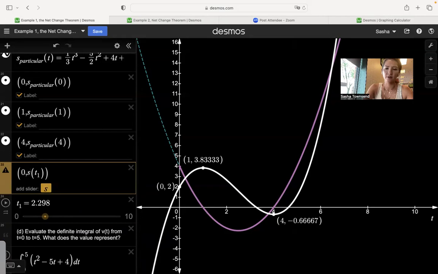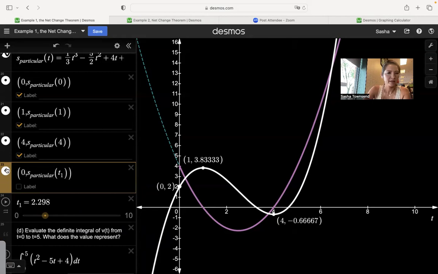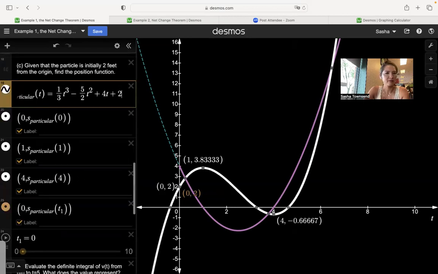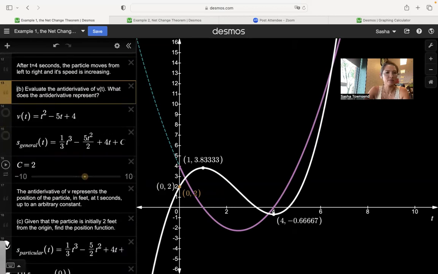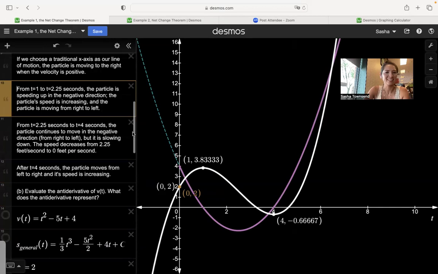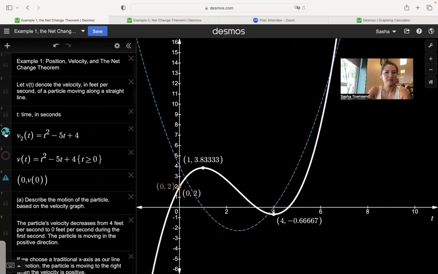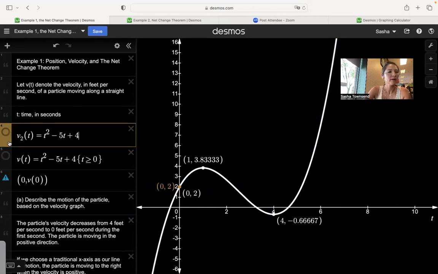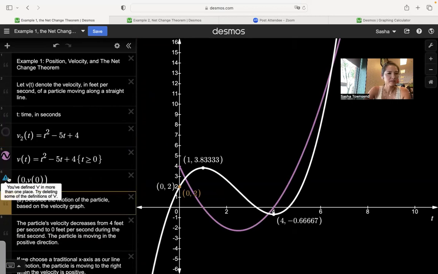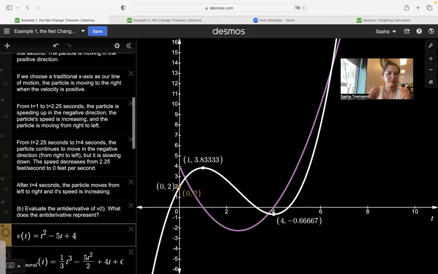Oh, I'll call it S particular. And I think I'm going to plot that in orange this time. We can see that label on it as well if we want to. Now, if I get rid of the velocity graph, it's a little bit easier to see. Oh, actually, no, maybe we should have the velocity. It's really bizarre.